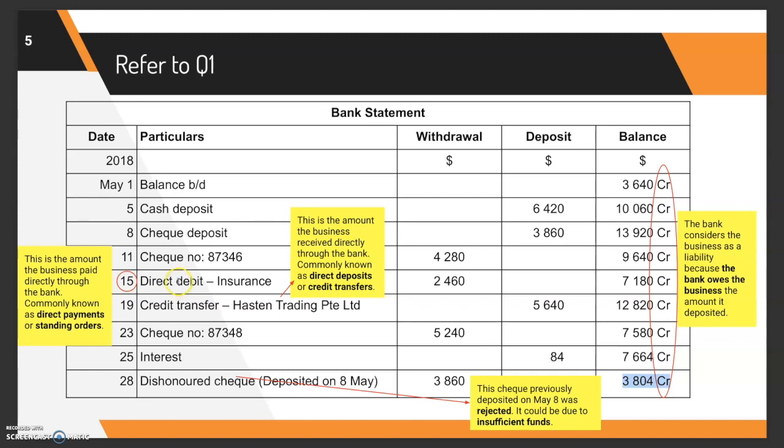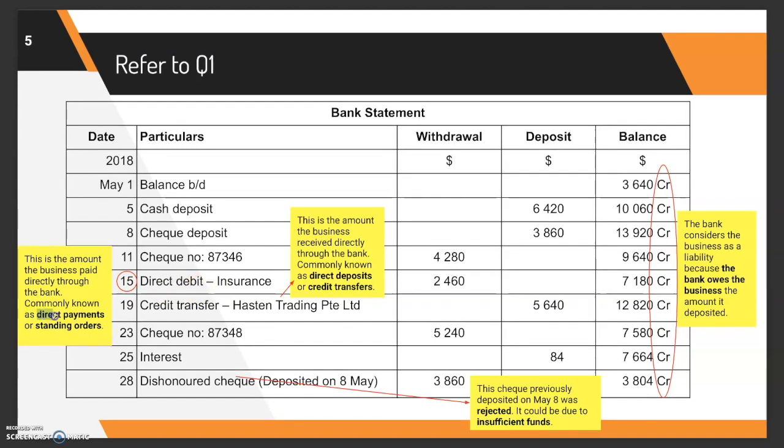That means the business will not be able to know until the bank statement is received. For example, the first one, on the 15th of May, a direct debit of insurance was withdrawn from the bank account. Basically, this is an instruction given by the business to the bank that they are able to just pay on their behalf for insurance.